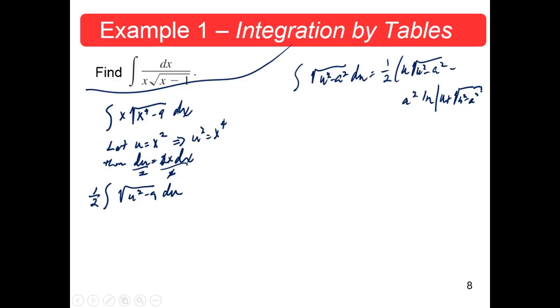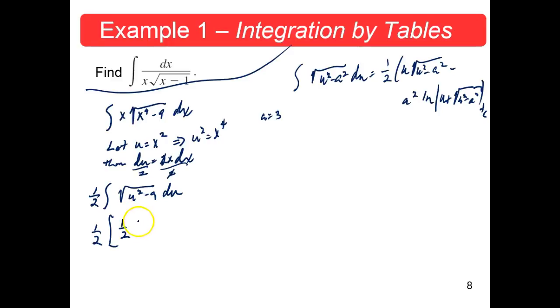Okay? And then we have our plus c. That's what that turns out to be. Now, in our case, a is equal to 3, right? So a is equal to 3. So we have 1/2, and let's put them in. You got another 1/2 from your result here.